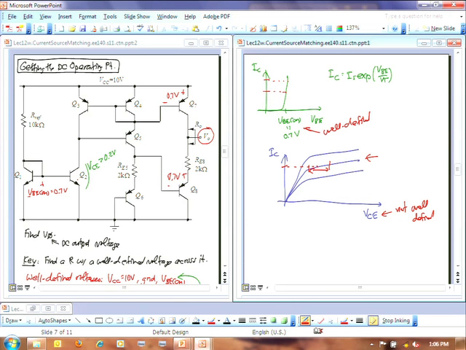So it's a guessing game from the beginning, but it's not a bad guessing game, because like I said, 9 out of 10 times, all the devices in the circuit are forward active, if it's designed right. I think this is the leap you have to be able to make in a class like this, in this type of material. You have to be comfortable with taking a guess, seeing if it's right, and then going back and fixing it if it's not. This class requires that, and that's the only way to handle these big circuits.